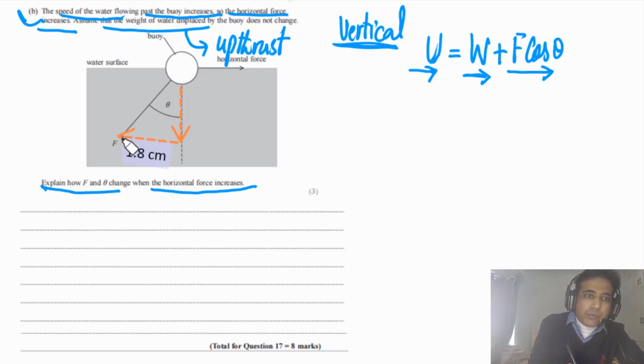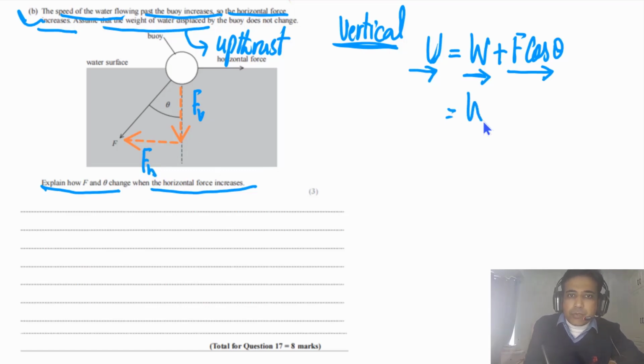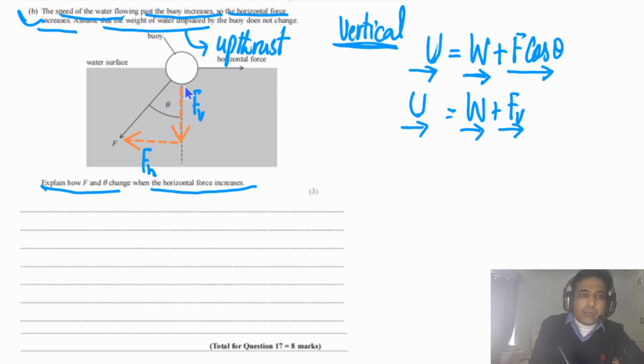This is our vertical component, and this one is our horizontal component. So we can rewrite this: W plus Fv is equal to U. U remains constant, W remains constant, so Fv also remains constant, meaning this component of force remains constant.